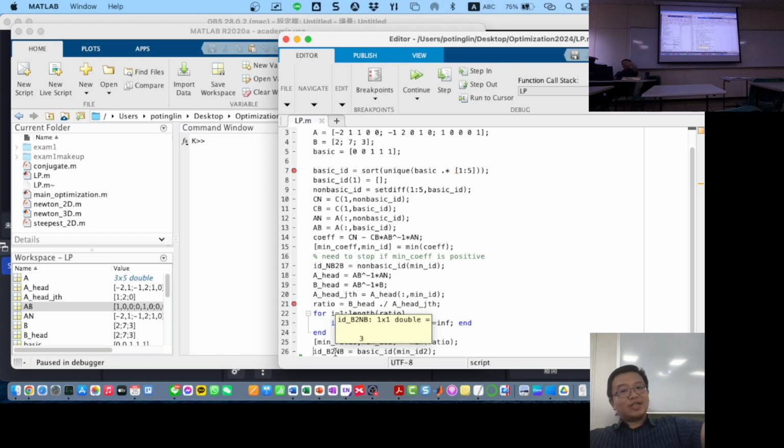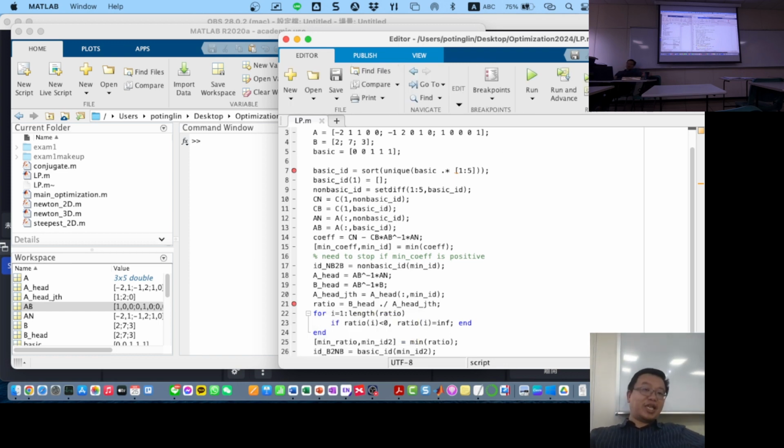With this code, I found ID 2, X2, to be swapped from non-basic to basic. ID 3, X3, to be swapped from basic to non-basic. Okay, so that's a complete process. Okay, so I need to do this repeatedly until everything converges. So I'm going to do a while loop.